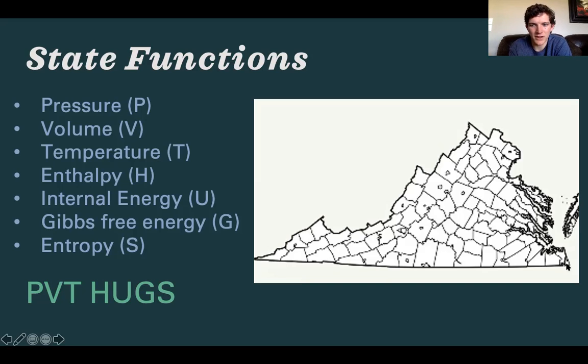Either way, we're going to get to point B from point A. When you're working with state functions, it doesn't matter the in between. As long as you get from your initial to your final, it doesn't matter.